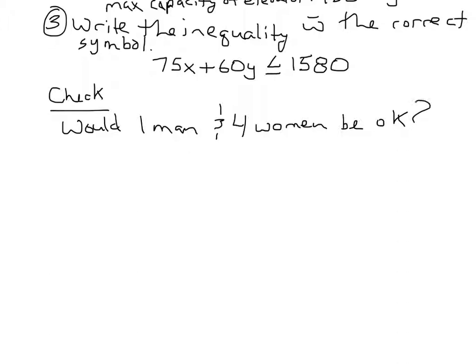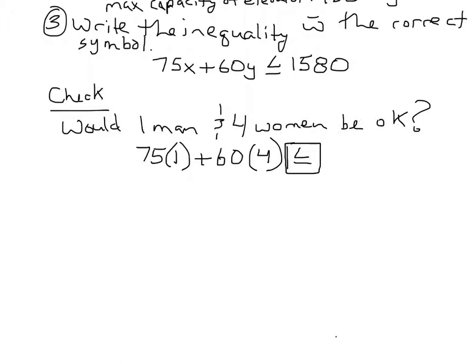Well, let's check. We go into our equation: 75 times 1 plus 60 times 4. And we take our symbol, but we put a box around it just to show that we're checking to see if this is true.